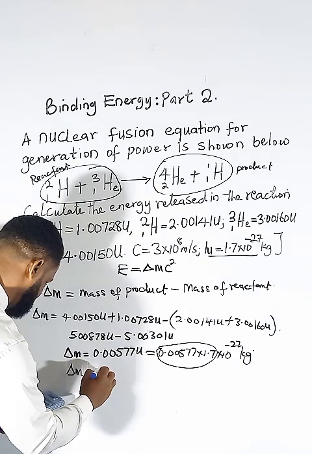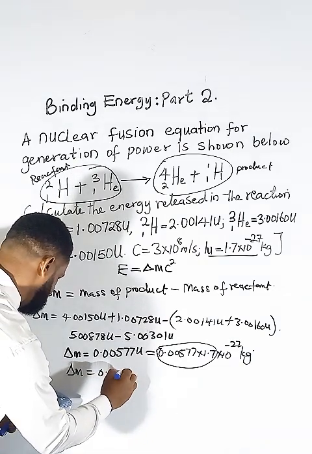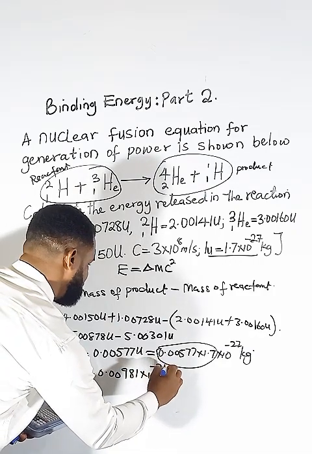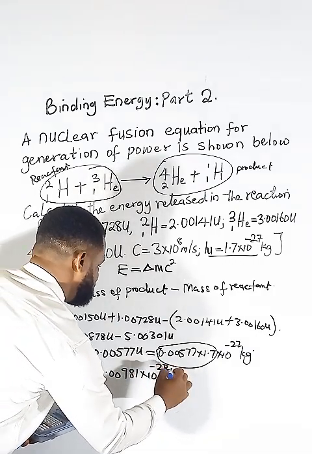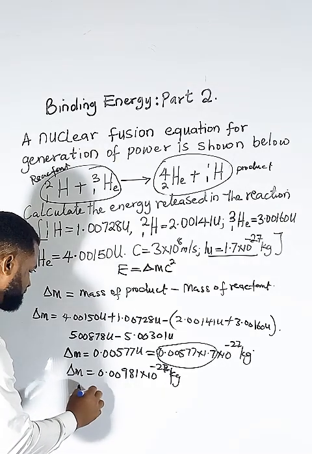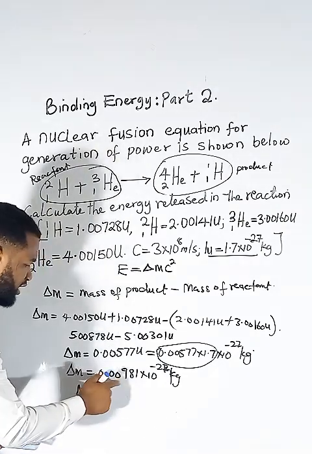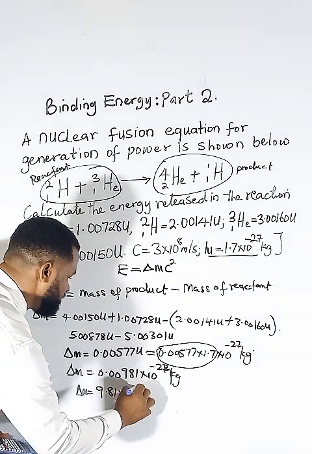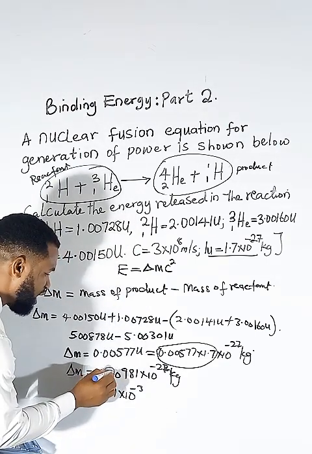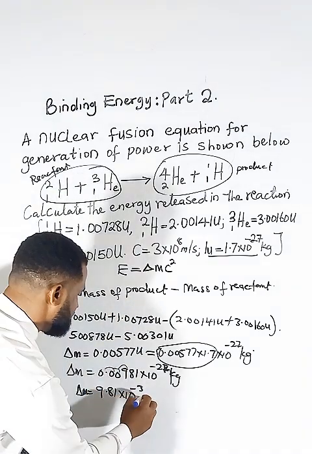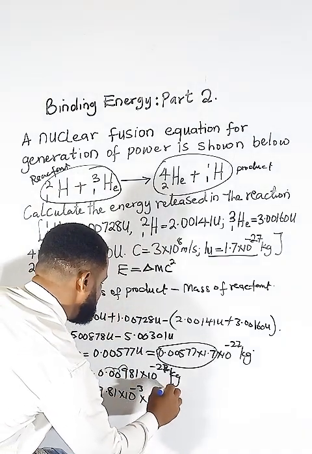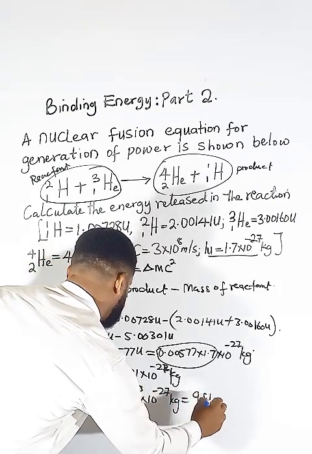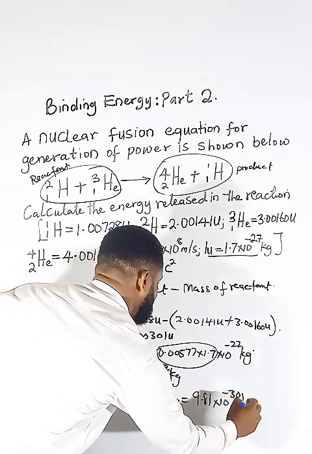So I'm going to have 0.00981 times 10 raised to the power minus 27 kilogram. The mass defect, written in standard form, is 9.81 times 10 raised to the power minus 3, because this moves 1, 2, 3 places, then times 10 raised to the power minus 27 in kilogram, which is the same thing as 9.81 times 10 raised to the power minus 30 in kilogram.